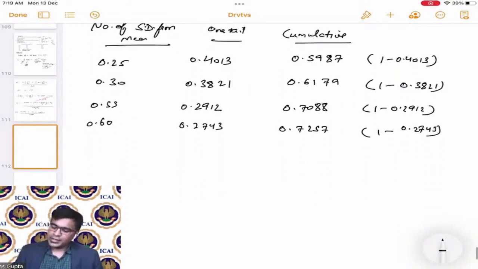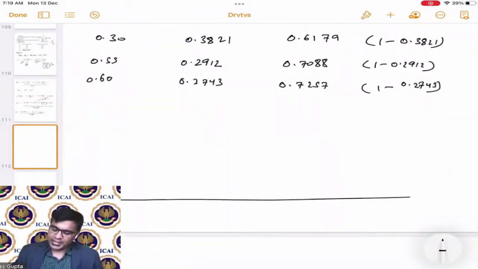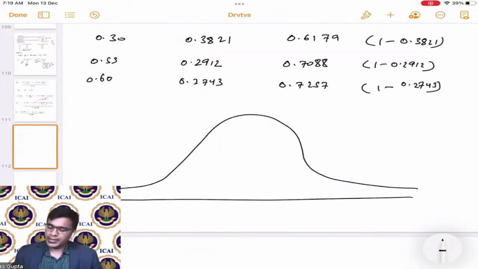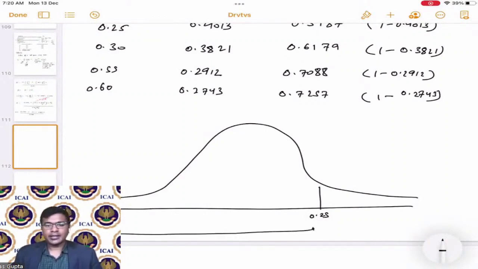Now students, all of you might be wondering why we have done 1 minus the one tail. If you see this, this is the standard normal distribution table. If let's say 0.25 appears to be here, we need the total value till here, correct? What we are given is only one tail.